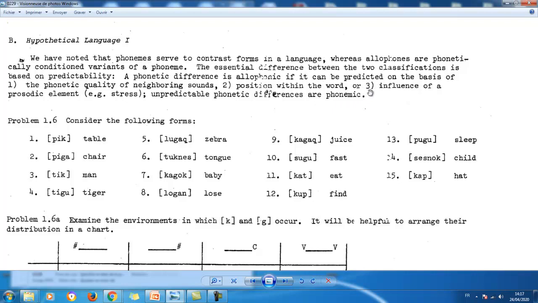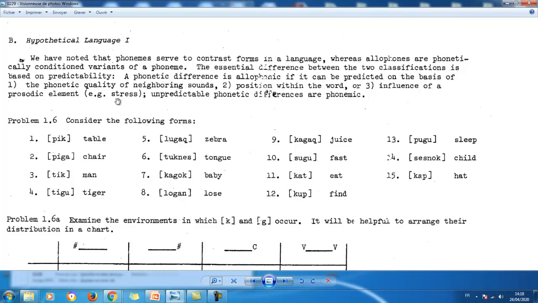And factor number three, we can talk about the influence of a prosodic element. For example, stress. Stress is one among the prosodic elements in language. For example, the difference between, let's say, insult and to insult.